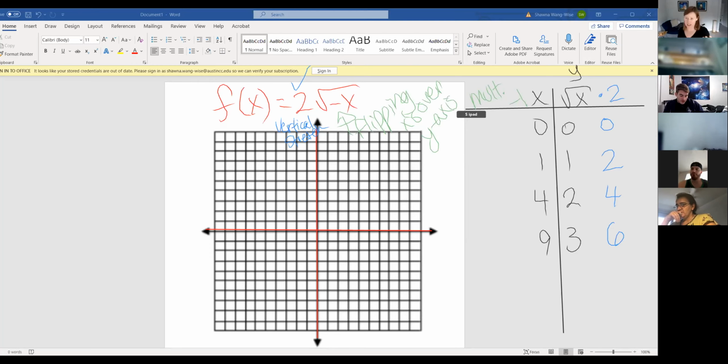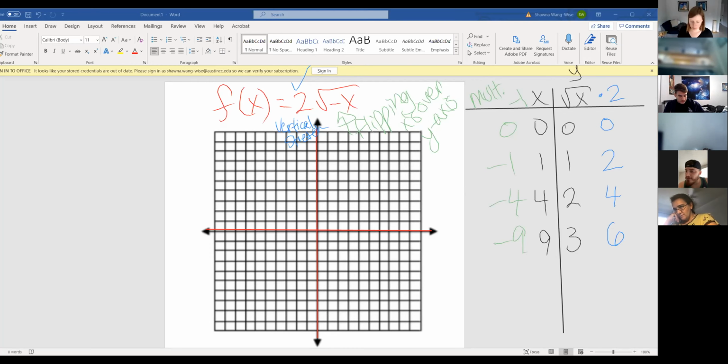We also call it a reflection. That's the technical term. All right. So 0 times -1 is 0. Then the next one, 1 times -1 will be -1. -4. And -9. Done. Graph it. Good to go.